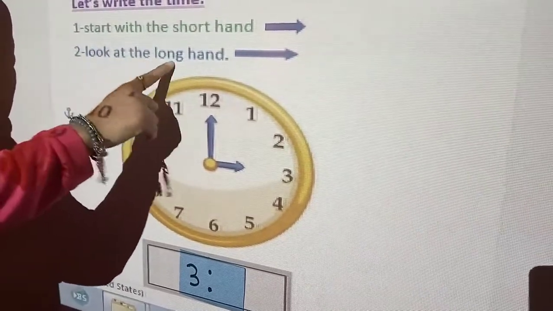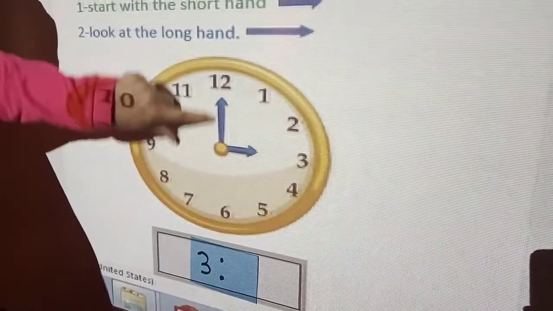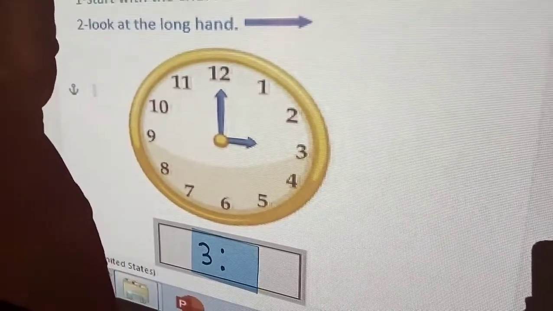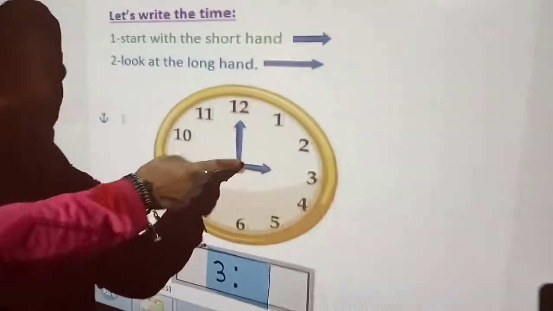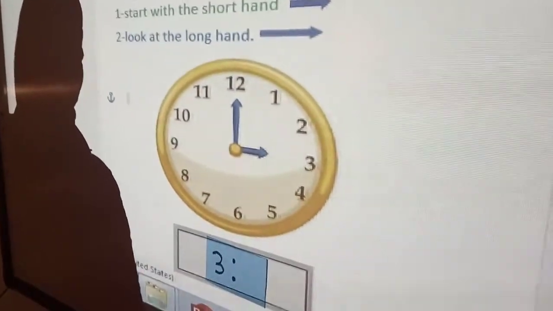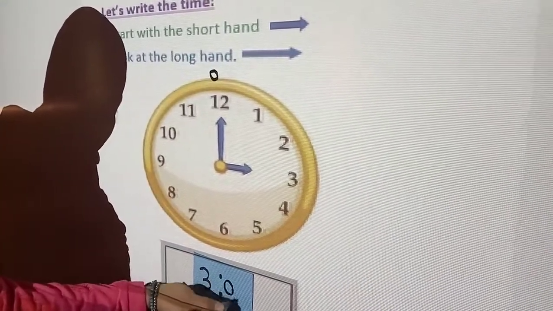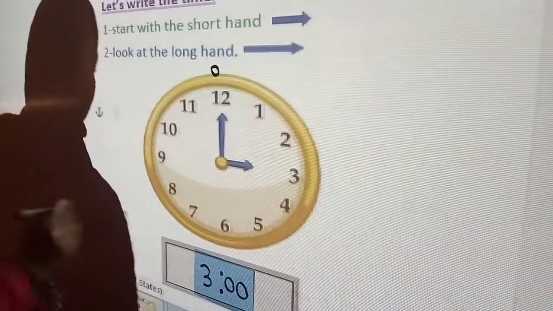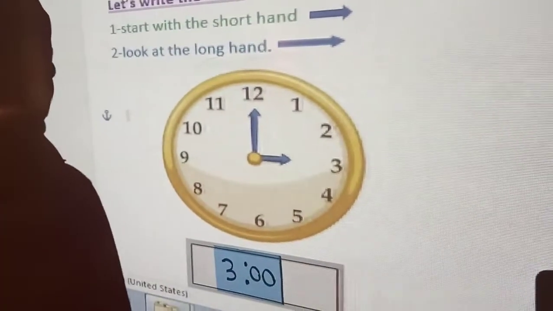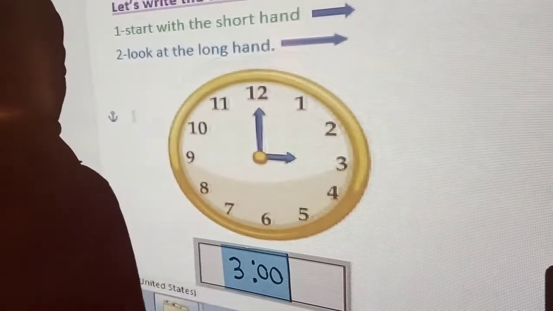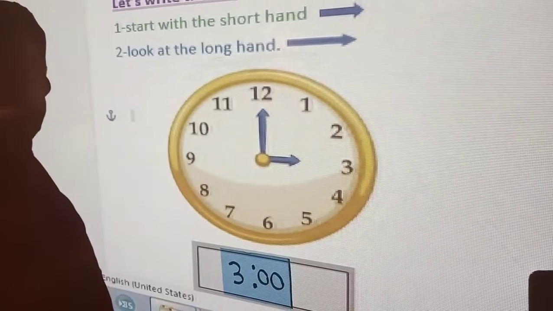Look at the long hand. Where is the long hand? Super. It points to 12. When the long hand points to 12, it means what? Yes, 0, 0. So what time is it here? 3 o'clock. Easy.